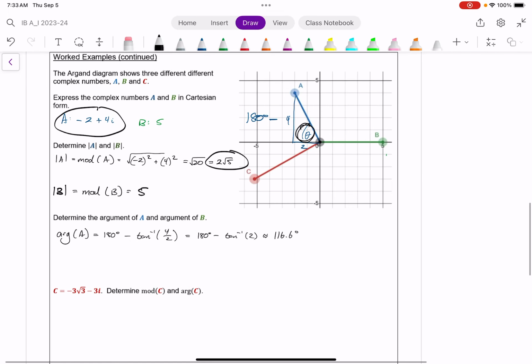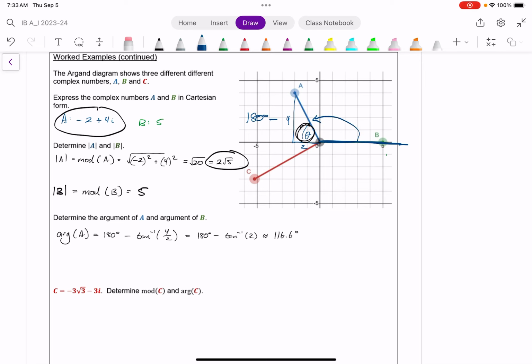And again, while we could do this in radians, since this is an SL lesson, I'll for the most part focus on degrees, because radians are technically just part of the HL course. And so the argument in general is, again, the angle in standard position between this initial arm here and wherever the vector lies.